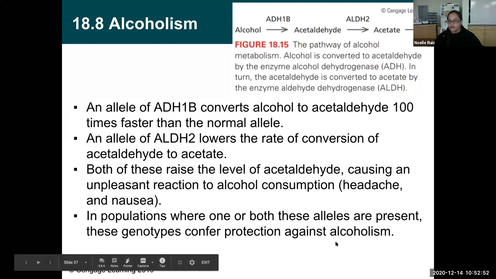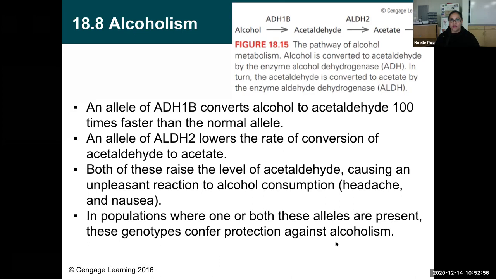Both of these raise the level of that middle molecule, the acetaldehyde, which causes an unpleasant reaction to alcohol consumption, headache, nausea. In populations where one or both of these alleles are present, these genotypes confer protection against alcoholism. People have bad reactions when that molecule builds up in their blood. They don't like it, so they just don't drink.